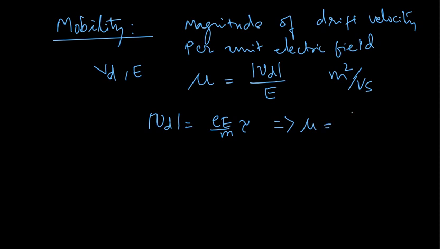So mu is equal to e tau divided by m, where e is the electron charge.